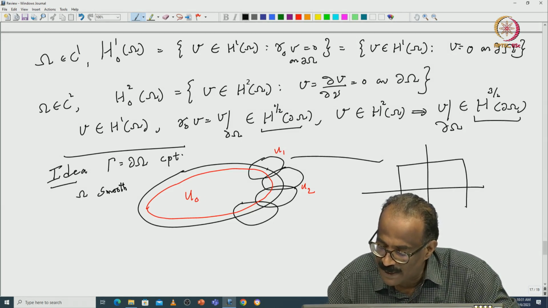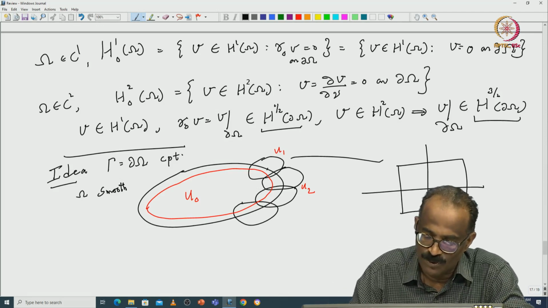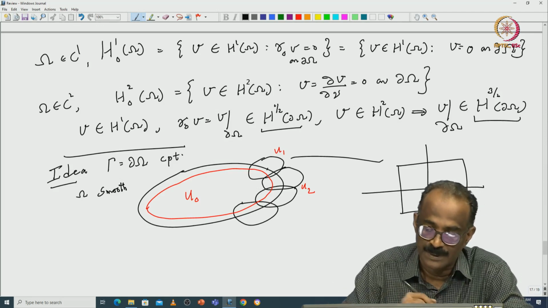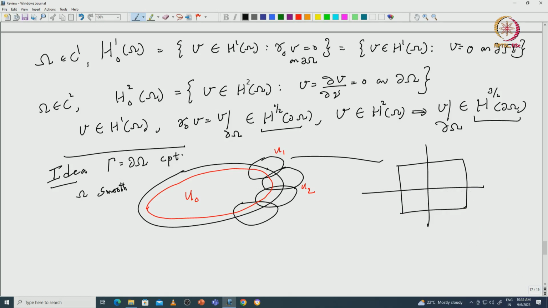Smoothness means there exist neighborhoods U1, U2, etc., which will cover the boundary using compactness with finitely many. So, there will be a map here, you see, this is your Q, and then this is your G map, and then you have your partition of unity psi j.